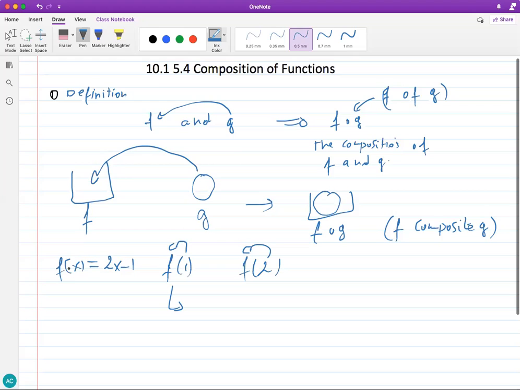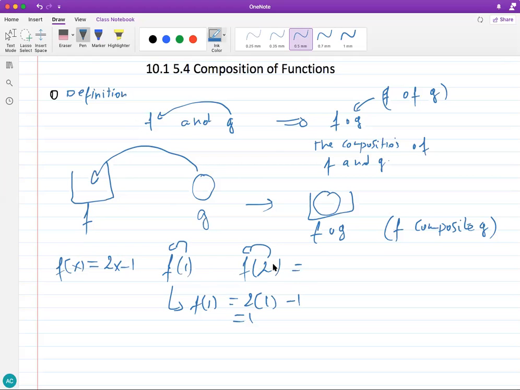If you plug 1 here and 1 here, it will be 2 times 1 minus 1, and you simplify, you get 1. And you can plug any number as we did before. We get a table, and once you get that table, we can turn it into a function or a graph, as we learned last time.